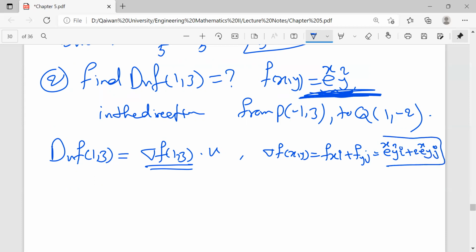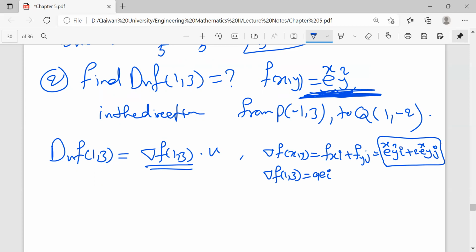This is the gradient vector. But the gradient vector at 1 and 3 will replace each x by 1 and each y by 3. If we replace each x by 1, we get e to the power 1 times 9, so we get 9e i.